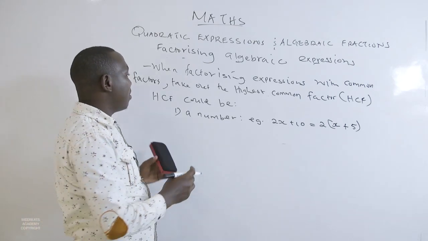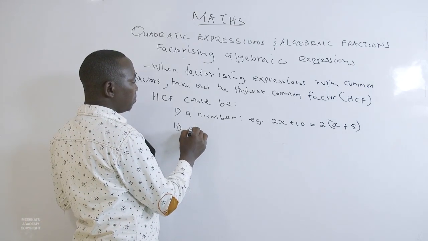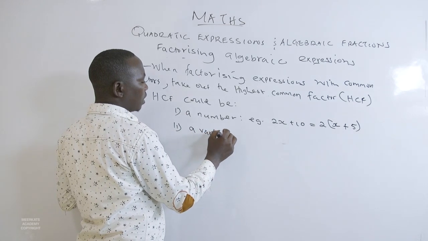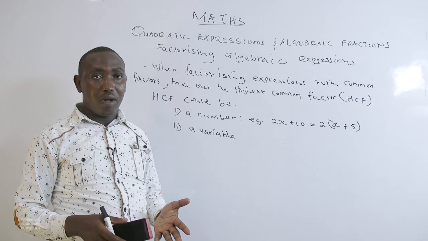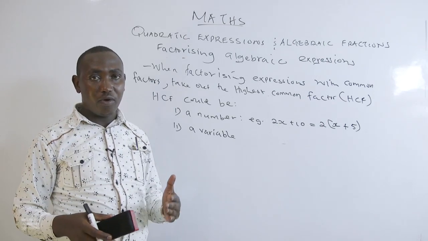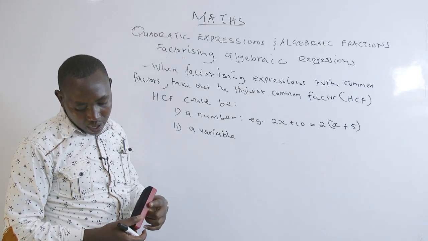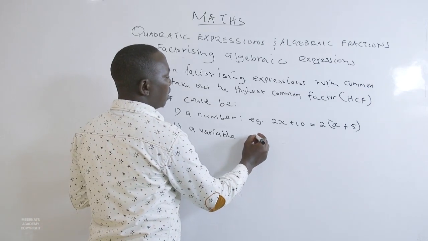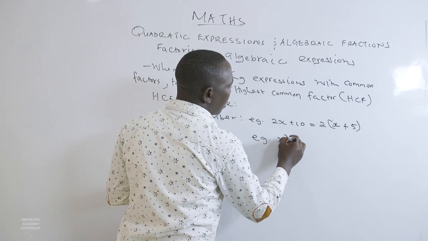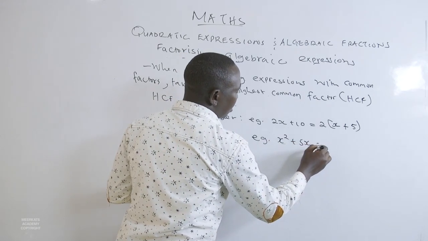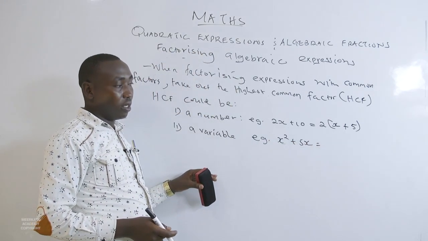Number 2, it can be a variable. Variable in the sense that it can be a pronumeral beginning from A to Z of the alphabetical letters. For example, if we have x squared plus 5x, this is a binomial expression.